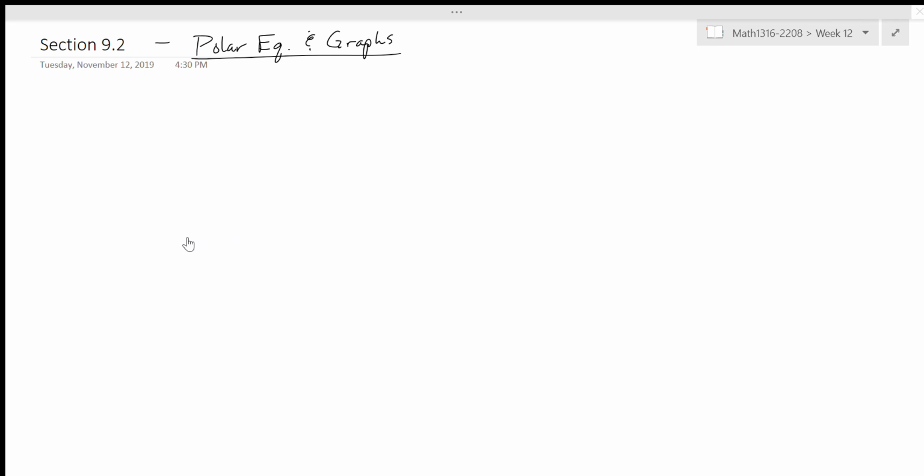And what happens if I change the value of a? Do y'all see that? Oh, look, my apple is growing. What happens if I change from cosine to sine? Is it still a cardioid? Yeah, it's just in a different location. Okay?